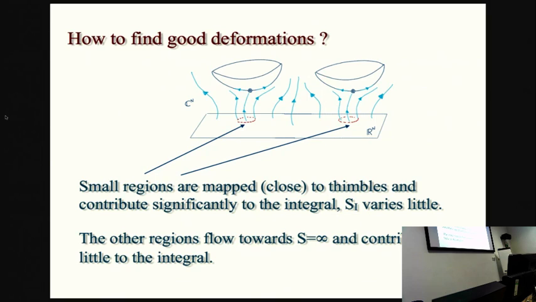Now, since the flow is tangential to the thimble, the imaginary part of the action along the thimble is fixed. But since the flow conserves the imaginary part of the action, it means that only one point or an infinitesimal region in the real plane is mapped by the flow to a region that's very close to one thimble.